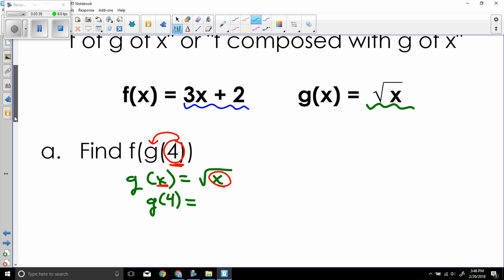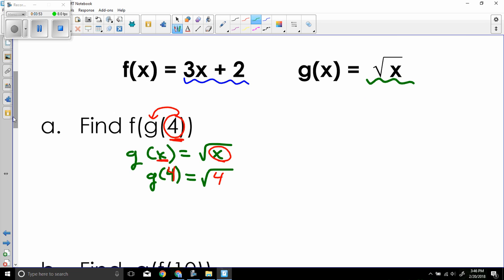Okay, maybe I'll even color code it here. This g of 4 right here, this is that 4, then I would have the square root of that 4. We all should know that the square root of 4 is 2. This is just 2 because that square root sign was already drawn.